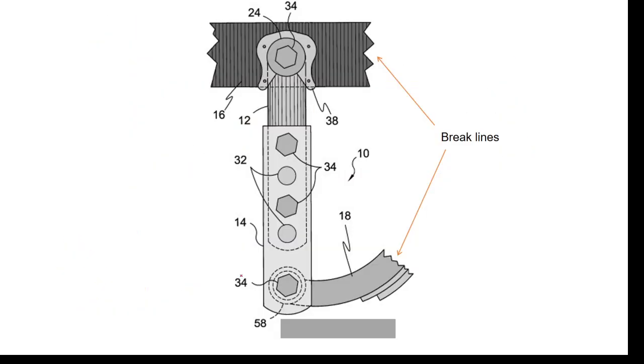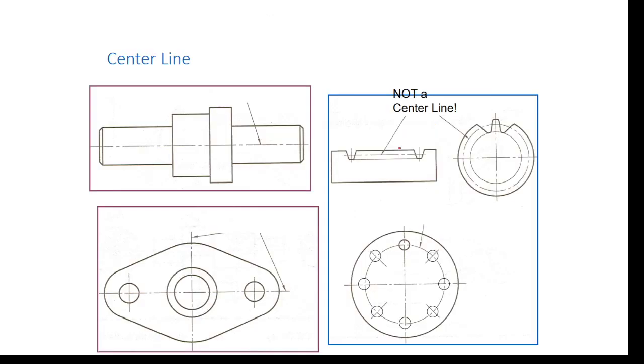Here in this example, this wavy line says that the rest of the object has been omitted and has not been shown. It extends beyond this boundary, but the image of that part, the other part, has been omitted on this view.